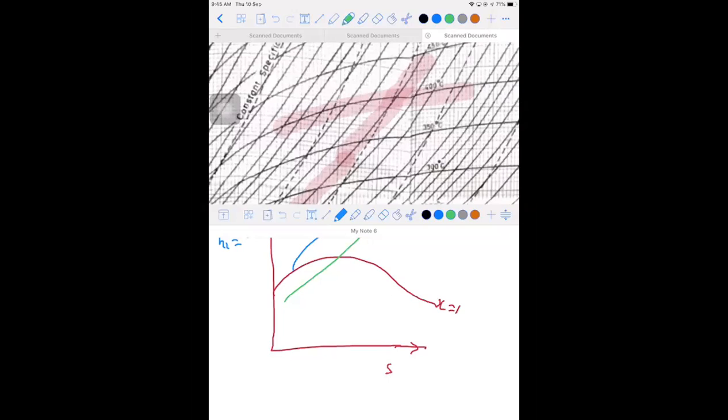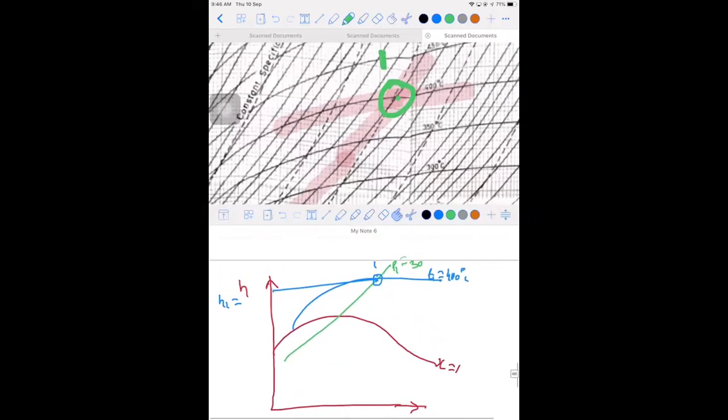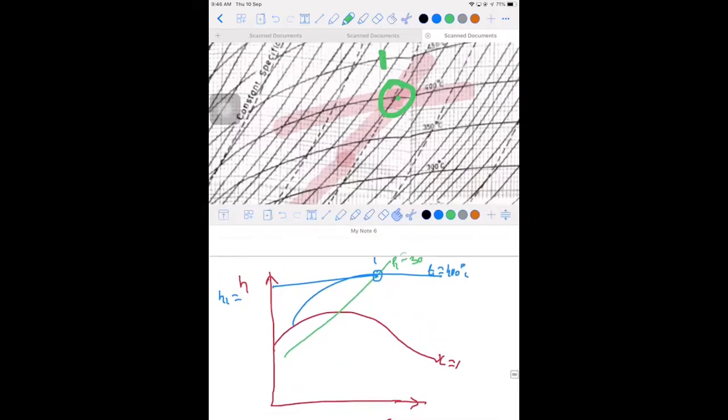This should be our point, named as 1. Hope you will identify the same point, and tell me the corresponding H1 value. What is the H1 value I got? Please type it.